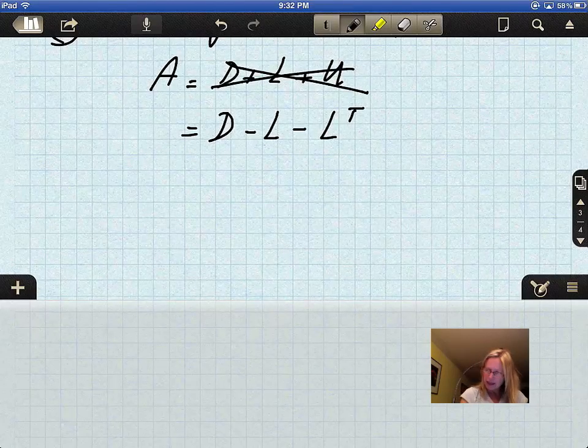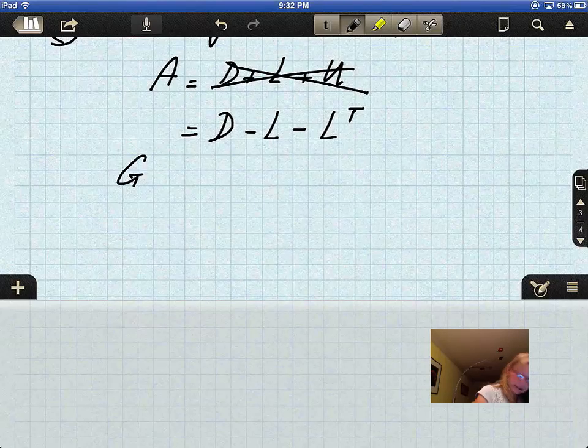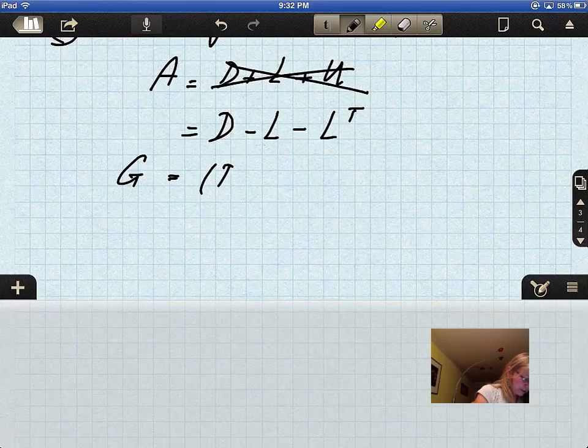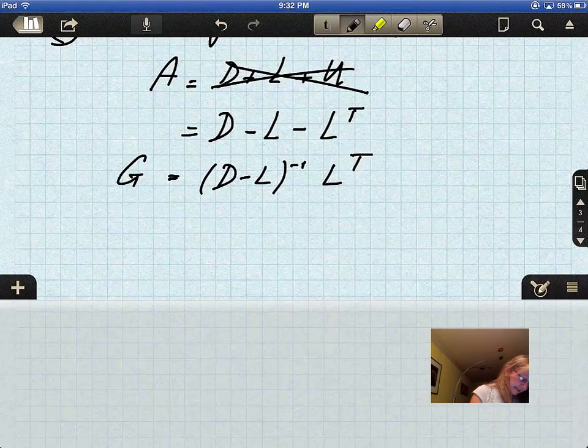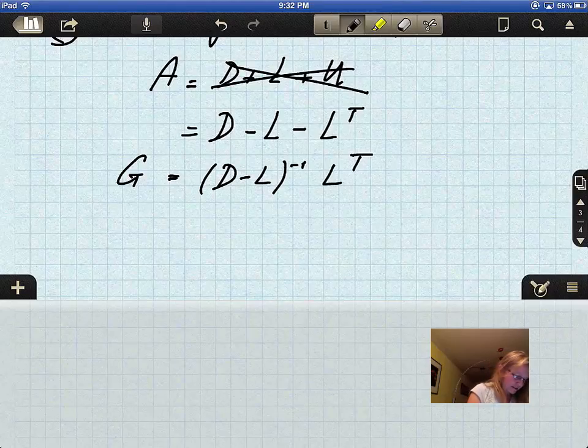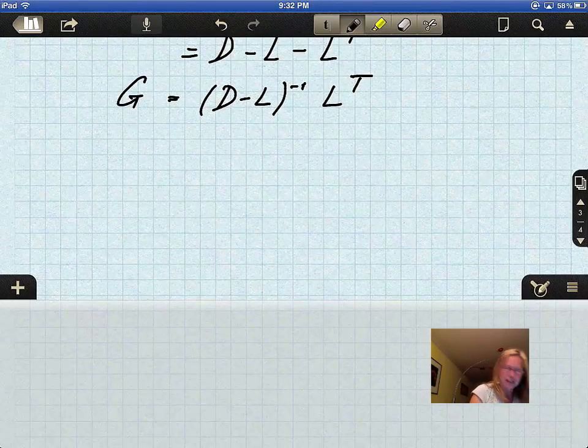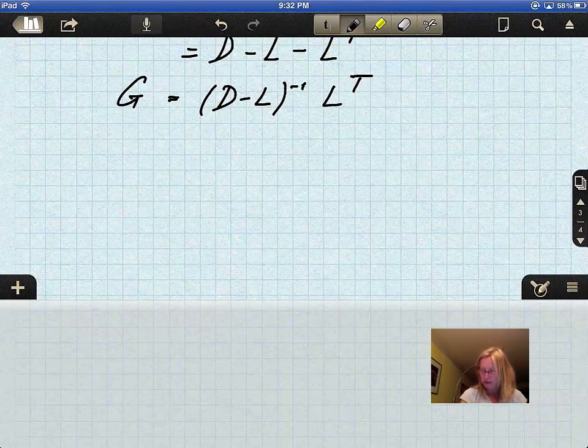Okay, so if we now look at G for Gauss-Seidel, that would be equal to D minus L inverse times L transpose, like this. And really, again, the only reason why I look at this with these minuses instead of the way we did it before is that it saves us a lot of minuses later on.